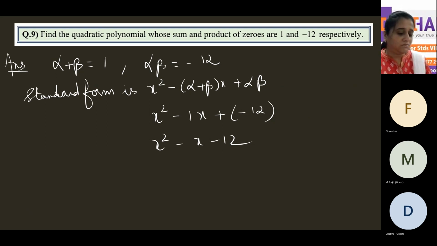Minus b by a, then minus b. So explain what we have done. Alpha plus beta is 1 and alpha beta is minus 12. Then alpha plus beta is minus b by a, and then minus.